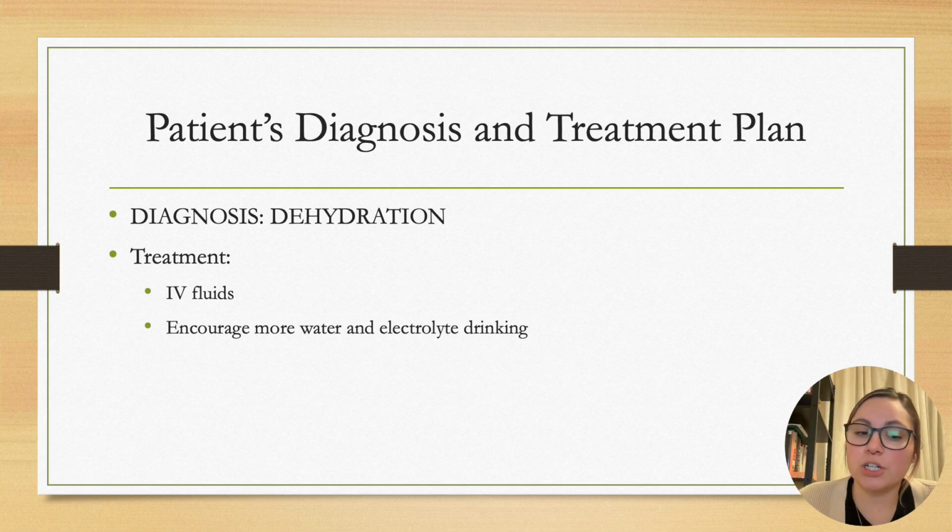So what we're going to encourage this patient to do is drink more water and more electrolytes, and also we're going to treat this patient with some IV fluids to try and get their levels back to normal before we send them home. And yeah, so after all of this testing, we can determine that this patient is dehydrated, and hopefully this young boy will be sent on his way to continue his football practices.